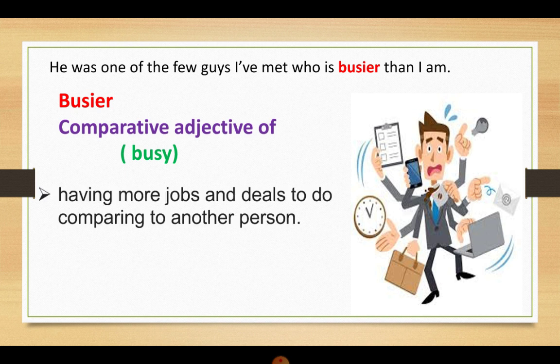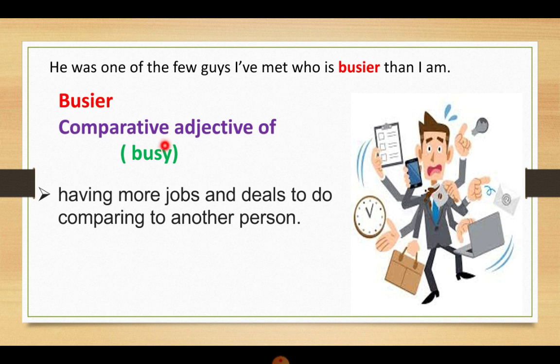What does it mean? Having more jobs and deals to do, comparing it to only one person. Okay, my dear, I'm not going to tell you what change happened to the base word. You will tell me. Look at busy. Yeah, look at busier. What happened? Yeah, perfect.